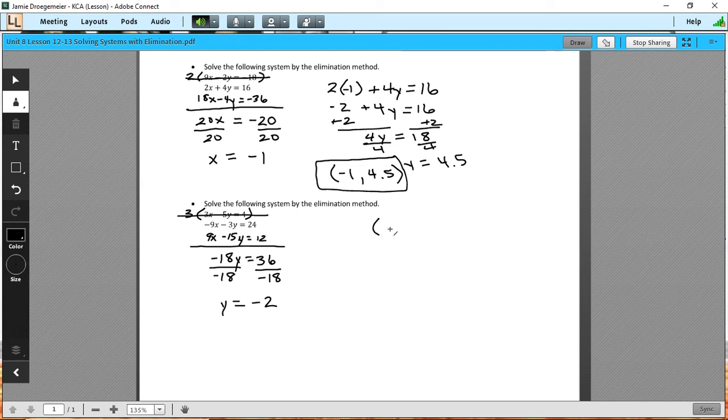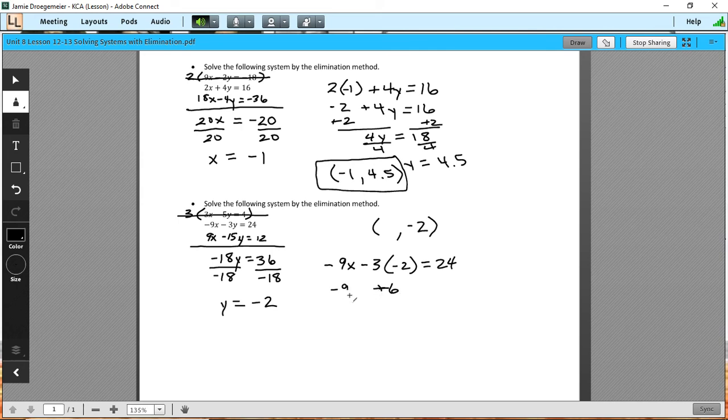All right, so that is the y value in our solution. We need to find the x value. So we are going to plug that in for y in, I'm going to use that second equation. So we're going to plug in negative 2 for y, and now we can solve this one for x. Negative 3 times negative 2 is a positive 6.